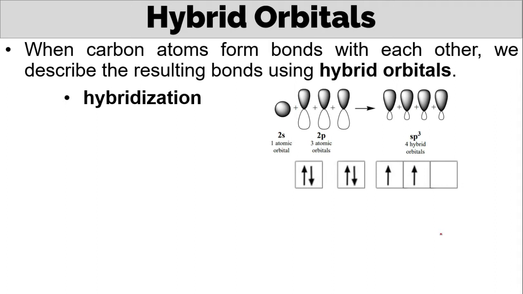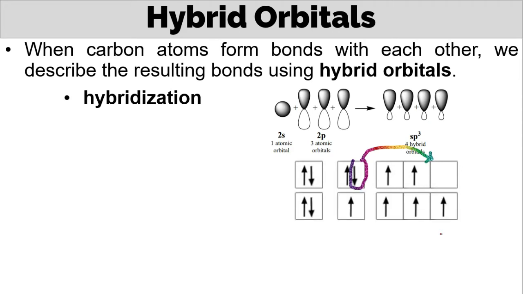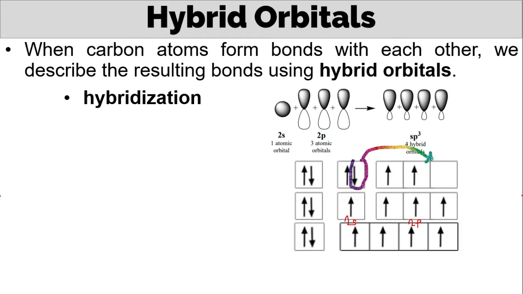Again, the ground state configuration is the lowest energy. It is the most stable arrangement. When it undergoes excitation, this electron in the 2s orbital will be promoted to 2p, giving us the excited state of carbon. Then the 2s and the 2p will hybridize to form sp3 hybrid orbitals.